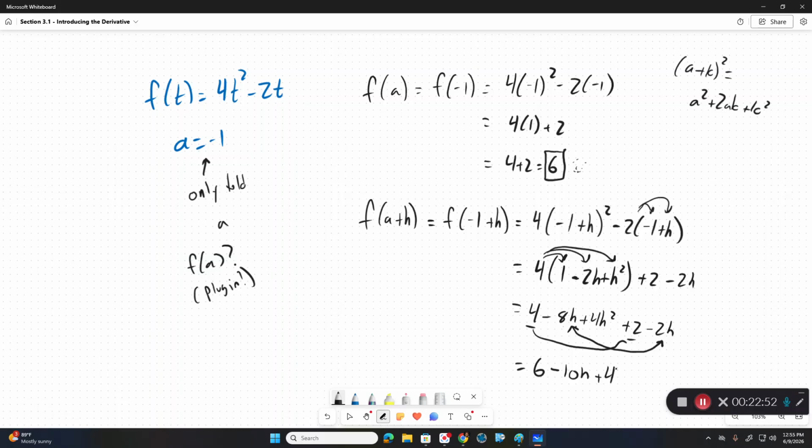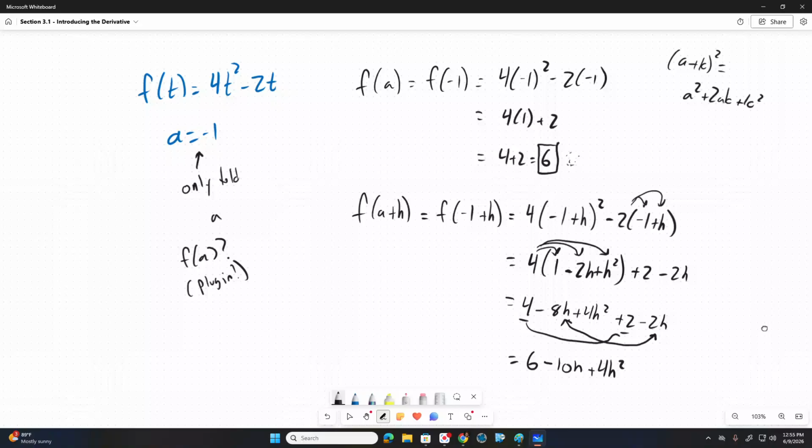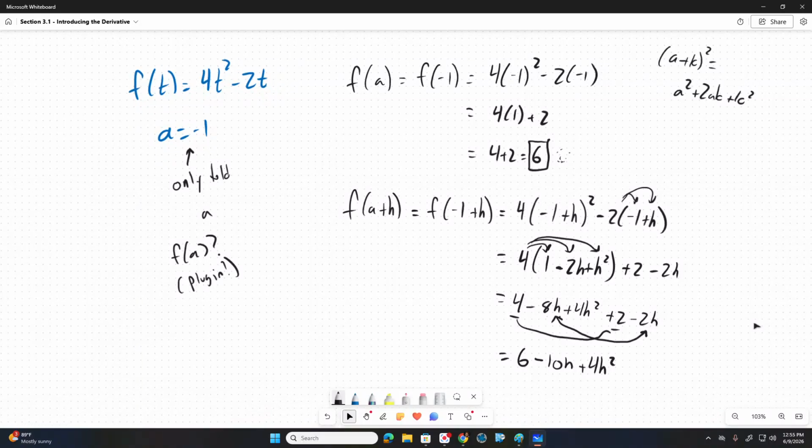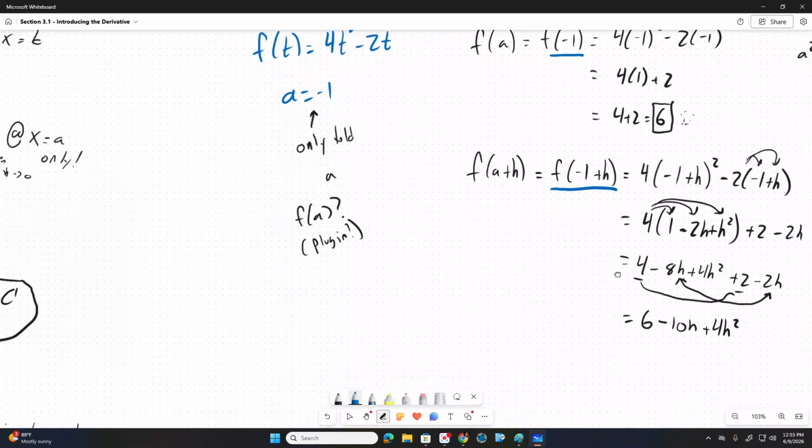And we have a 4h squared that sticks around. Okay. So, it does stick around, which is fine. But the important thing is we have our f of negative 1 term. We have our f of negative 1 plus h. We're now ready to write the derivative.